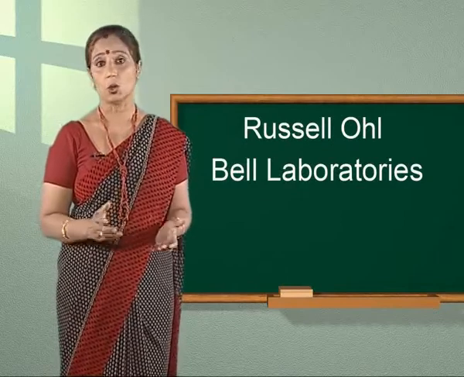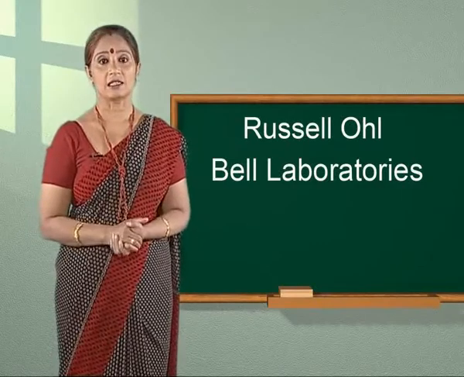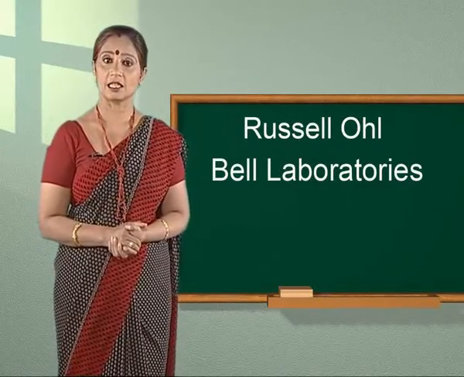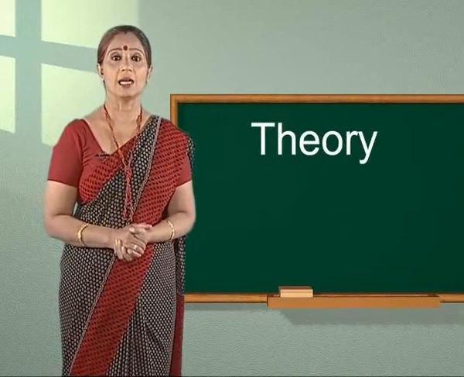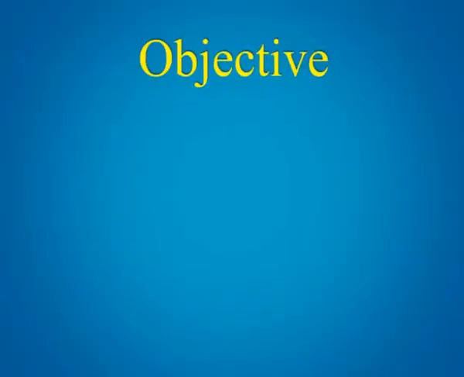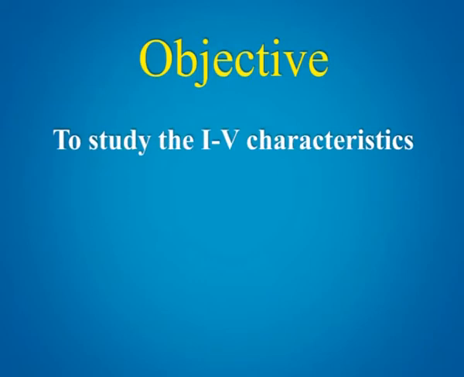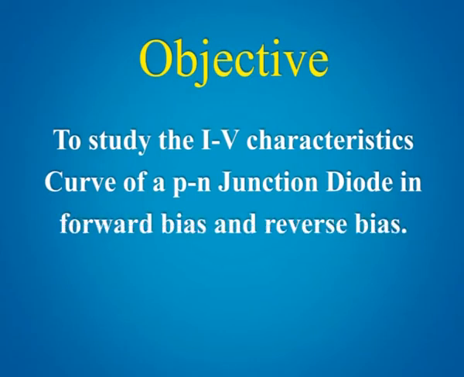So, come, now let us study the IV characteristic curves of a PN junction diode. The objective of this experiment is to study the IV characteristic curves of a PN junction diode in forward bias and reverse bias.